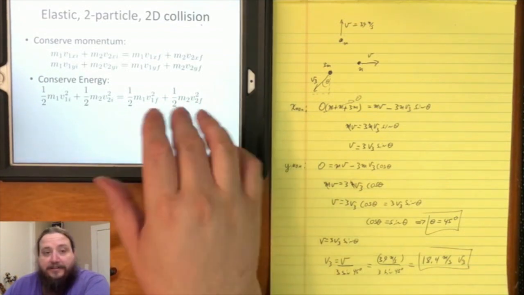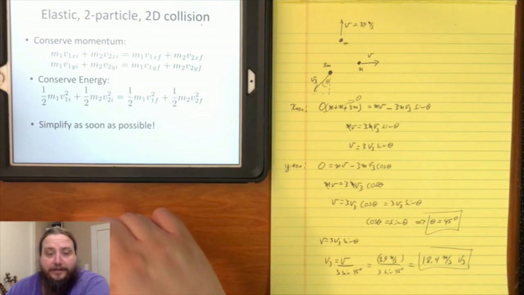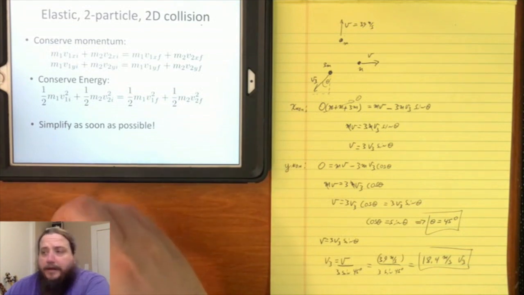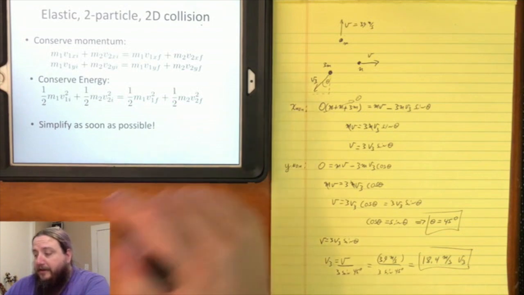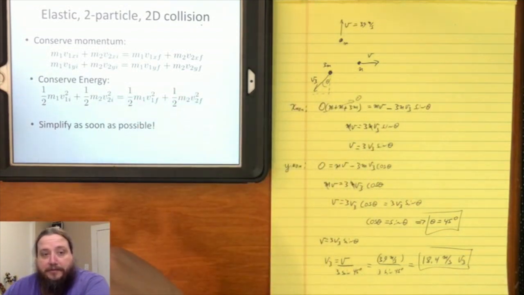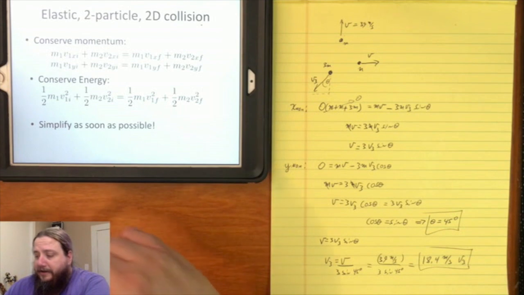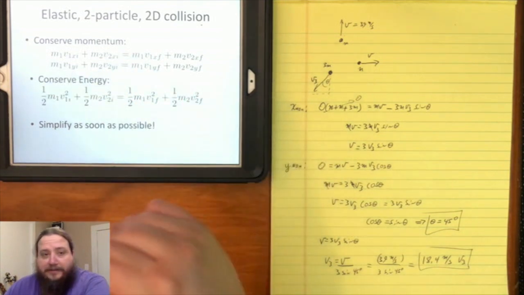Let me suggest that one thing that you can do is anything that you can turn into a number, do it early typically in these things. Break things up into their numbers as soon as possible. Turn sines and cosines into numbers. If you know any of these velocities, turn them into numbers.